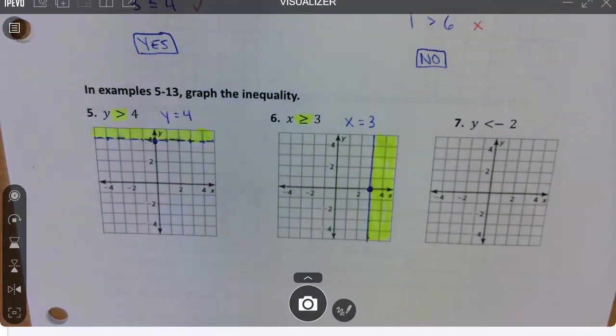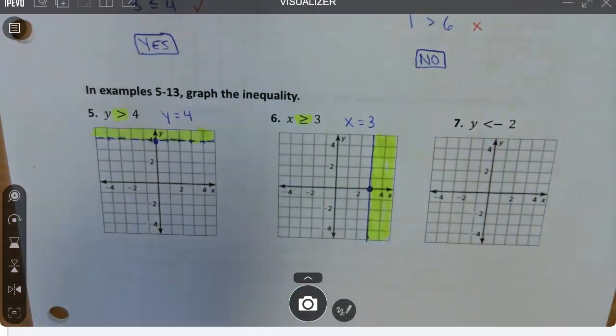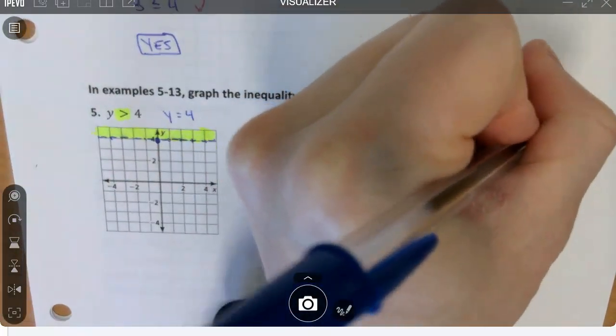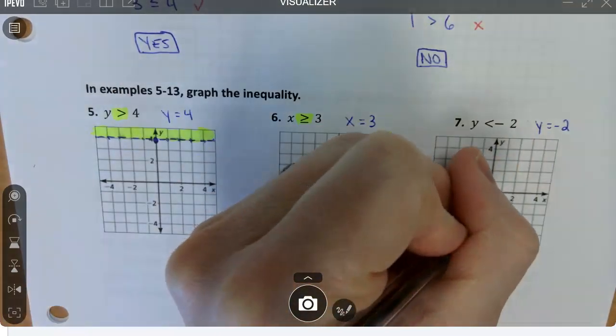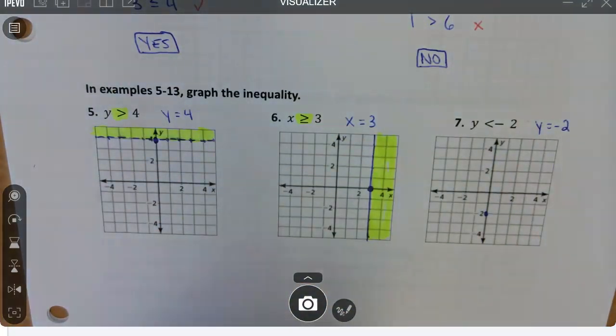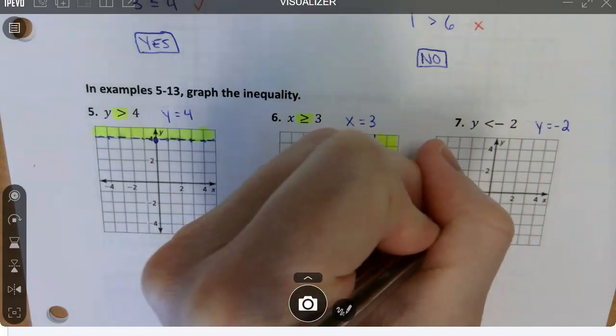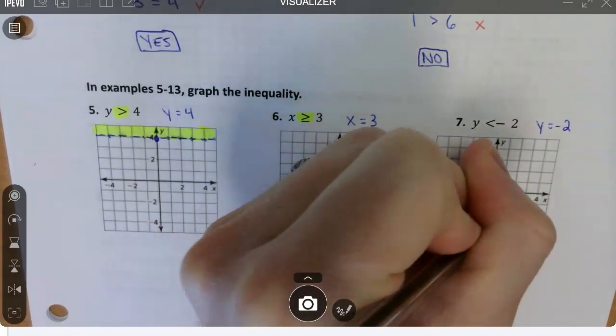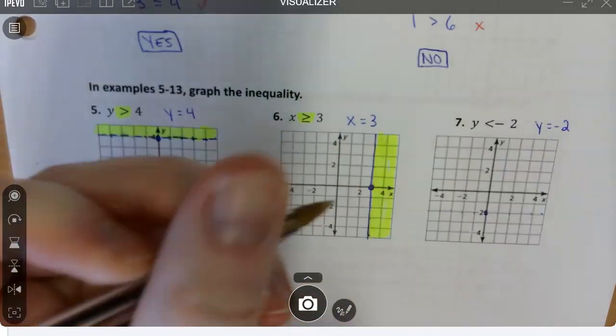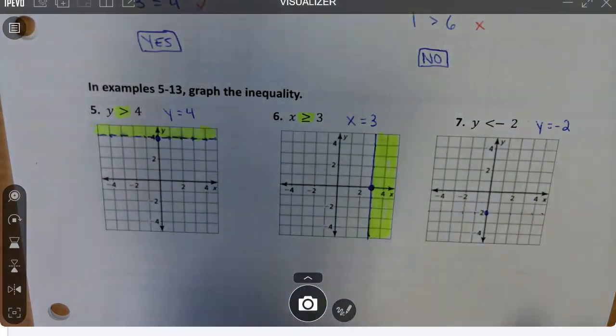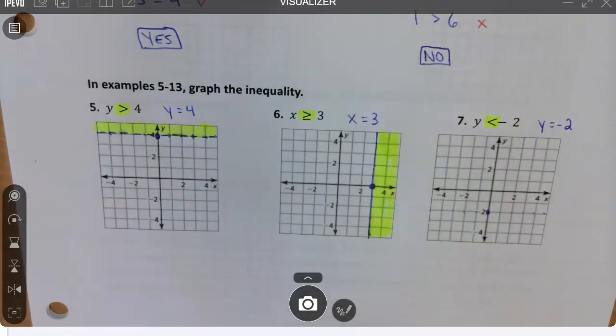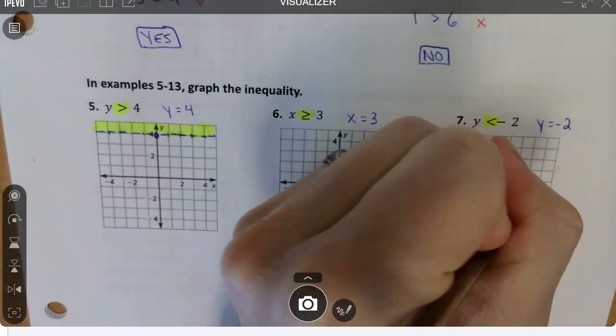Okay? And now the last one, y is less than negative 2. We treat it as y equals negative 2. We go down to negative 2 on our y-axis. Every point that has a y value of negative 2, I go forever to the right, forever to the left. Because my inequality symbol is only less than, that means I'm going to make it a dashed line.